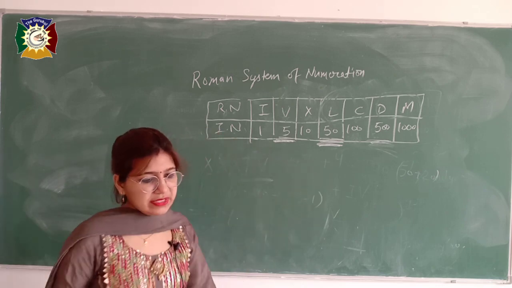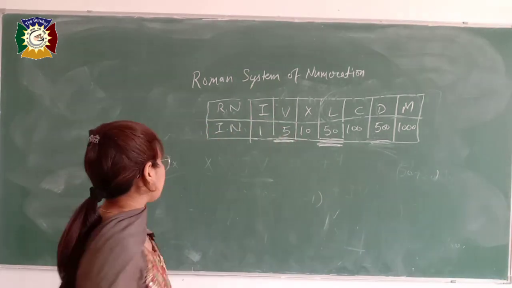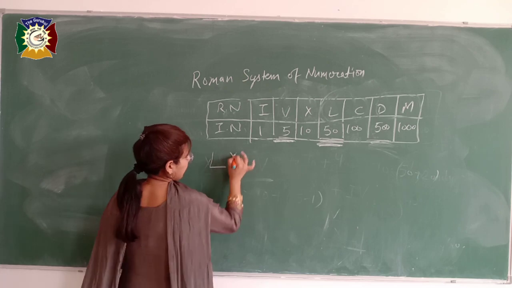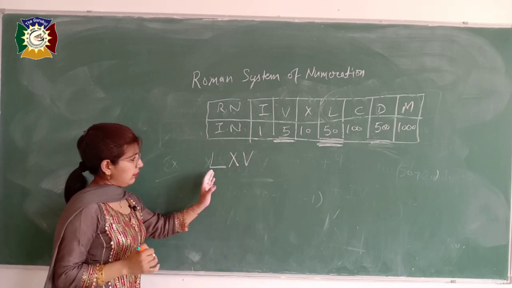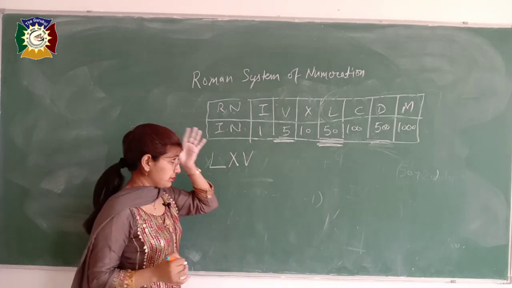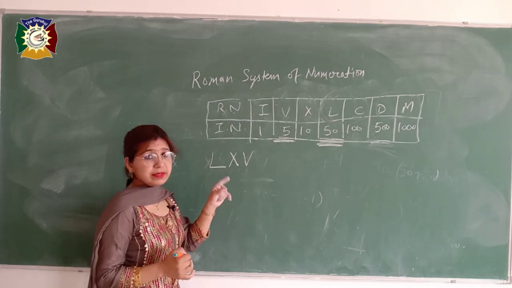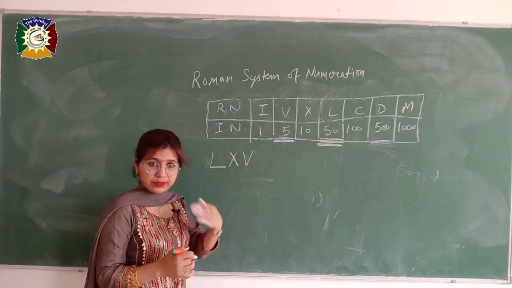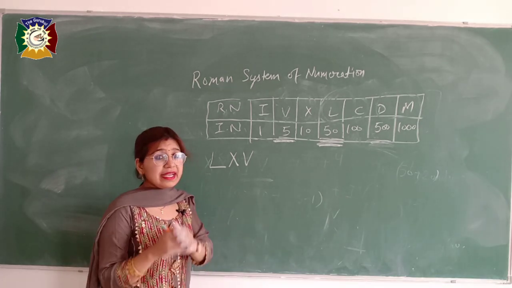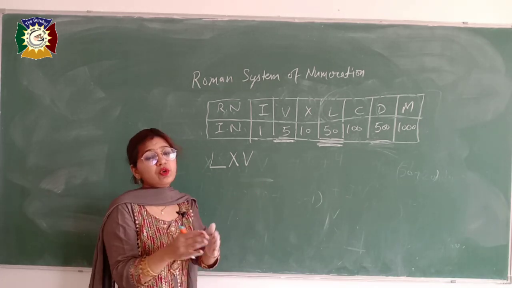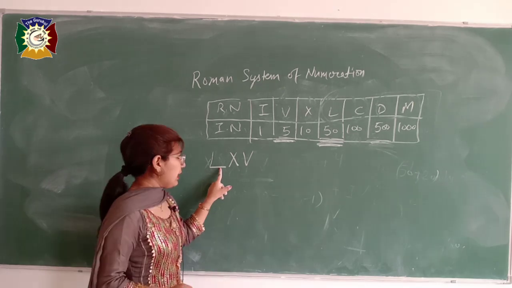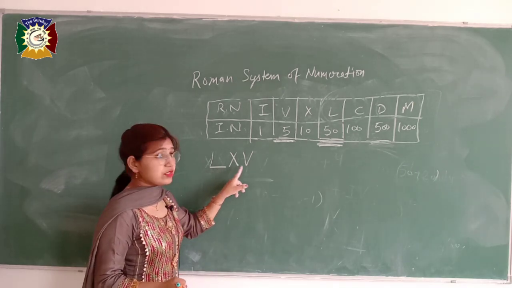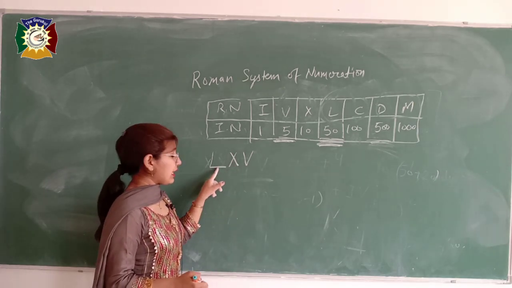Now one more example we will do. LXV. I said according to rule number 2, whenever a smaller symbol is following the larger symbol, at that time you have to add the values of all the symbols. See here, L, X, V. X is following the larger symbol.